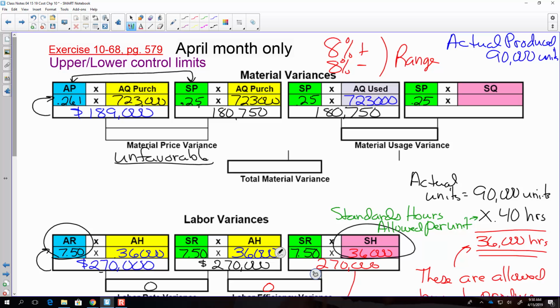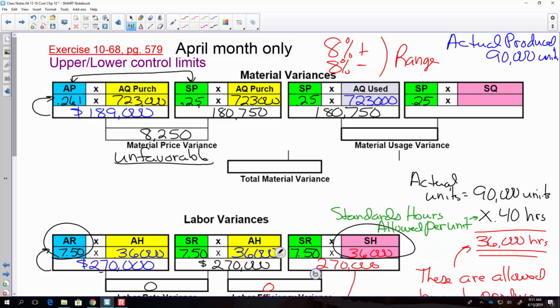So the difference for the first one is 8,250. Perfect. And Austin? Yep. That's my SQ.